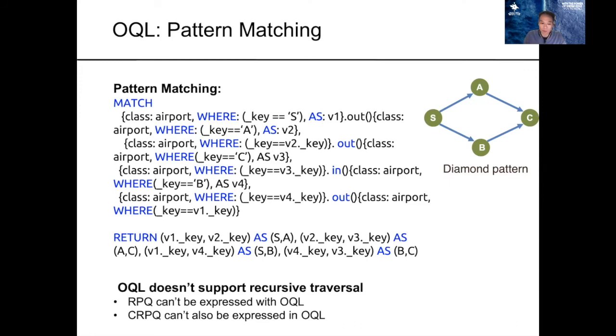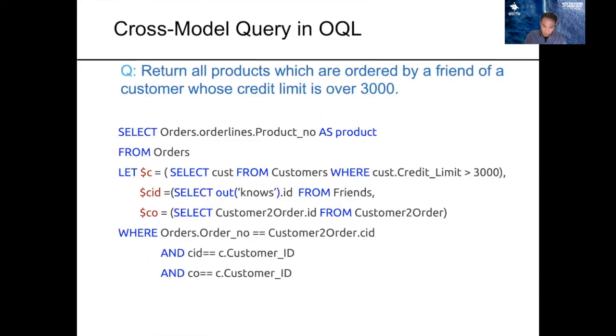Unfortunately, OQL also doesn't support recursive traversal, so it is impossible to support regular path queries and conjunctive regular path queries. Similarly, we can implement the cross-model query we discussed before with OQL, but it is different from the syntax we use in AQL.